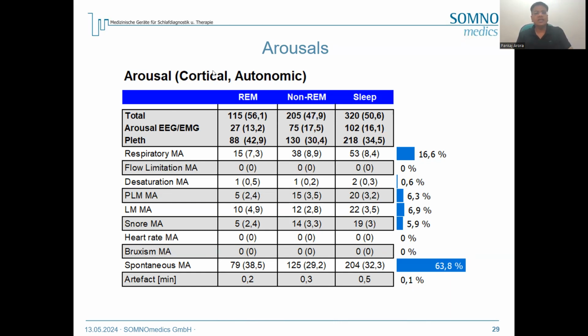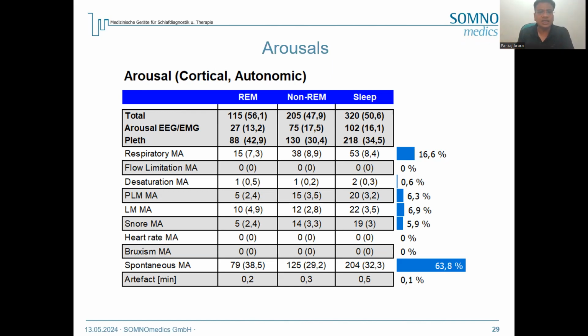In this case, it shows you cortical arousals as well as autonomic arousals. What do we mean by cortical arousals and autonomic arousals? Cortical arousals are spontaneous changes happening in the EEG, while autonomic arousals happen because of some autonomic issues, for example respiratory events, leg movements, or plethysmography changes that arouse the patient.